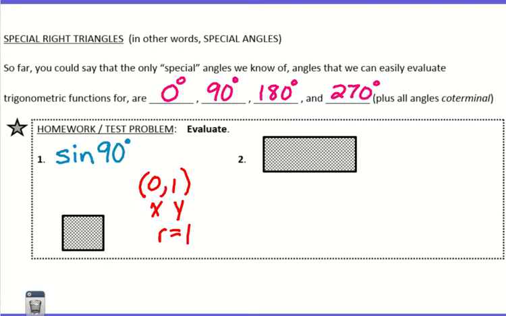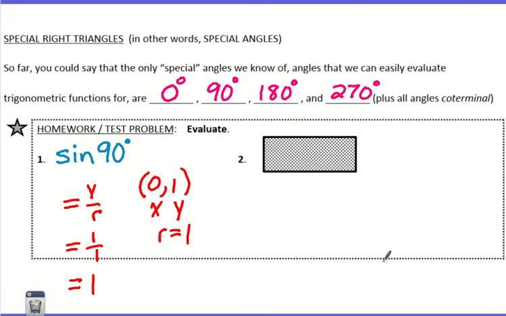And so don't forget, even though we're doing SOHCAHTOA now for a little while, don't forget that sine is y over r, and therefore that would be 1 over 1, which equals 1.